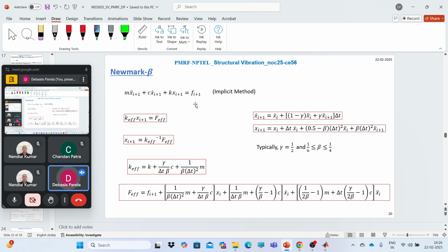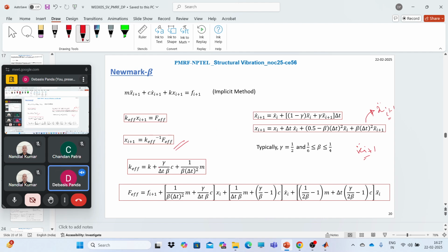The acceleration expression we will not use directly; what we will use here is x double dot i+1. From here, we can easily calculate x double dot i+1. Once we have all these, it is pretty straightforward: x i+1 is nothing but k effective inverse into f effective.